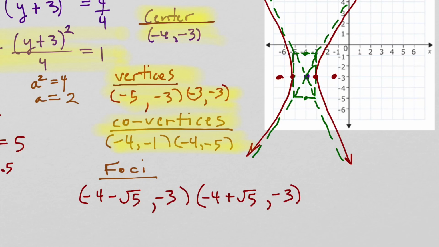That means go to the left root 5. So this one says start at -4 at the center and go to the right by root 5, which we said was approximately 2.5 units. And this one says your x-coordinate starts at -4 and goes to the left approximately 2.5 here, or square root of 5 exactly. And so we have a focus right here.